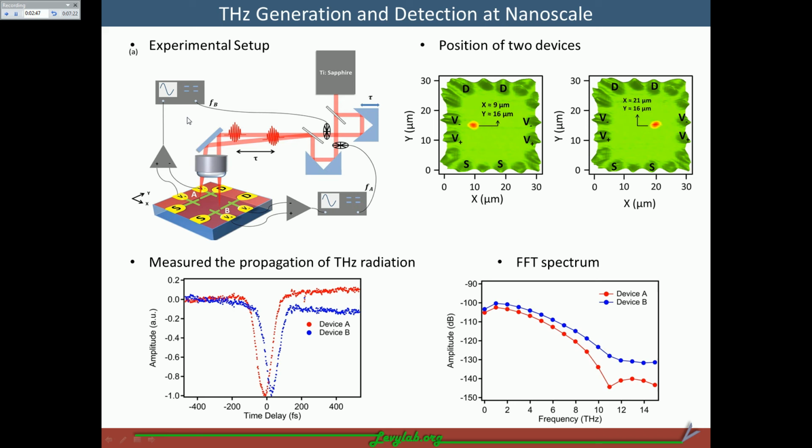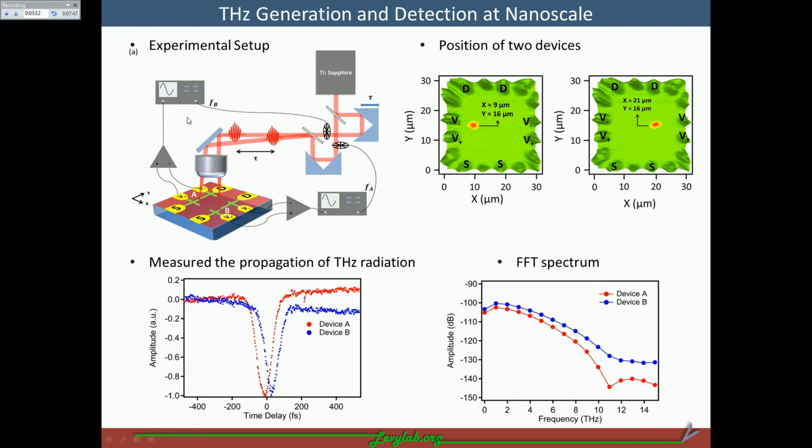And number two is by measuring these two devices at the same time, we see the response from the two devices are separated in time. This separation is due to the propagation of the field from one place to the other.